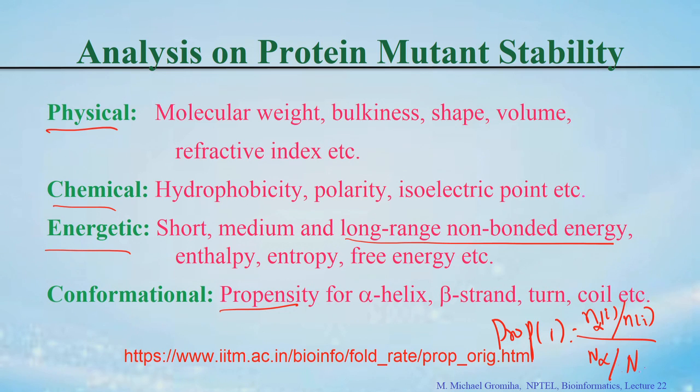This n is the total number of residues in a protein, and n alpha is how many residues are in alpha helical conformation. For any residue I, how many residues are in alpha helical conformation and how many residues of type I are present in the protein. So, you can calculate alpha helical propensity.